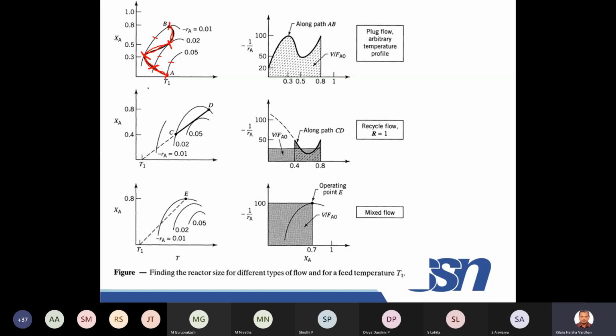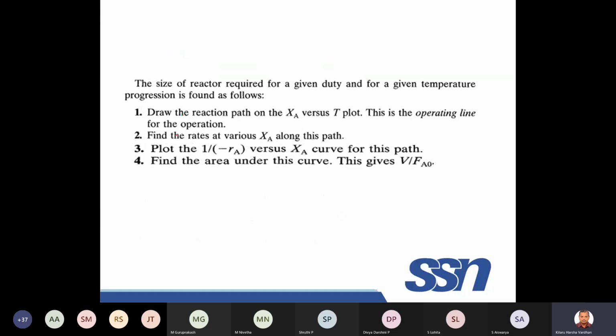Am I right? How many rates did it cut? 1, 2, 3, 4, 5. There are 5 rates through which this reaction path is cutting. Though the reaction path is the same, there are still 5 rates being cut by it. That is what I mean by this second point.